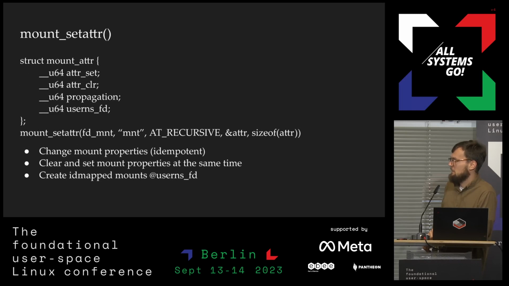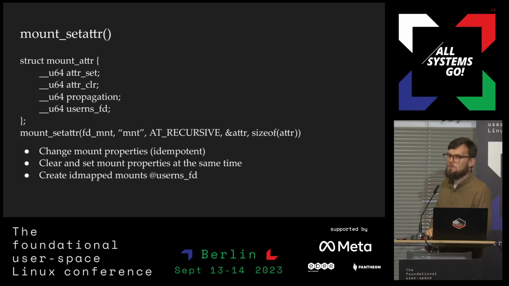You can apply mount properties recursively, which you see right here as recursive. It's idempotent, so specifying the same set of options to set and options to clear will always give you the same set of mount properties. You can clear and set mount properties at the same time. There was another wonkiness in the old mount API, like, for example, let's say you had a bind mount that was noexec, nosuid, but read-write.